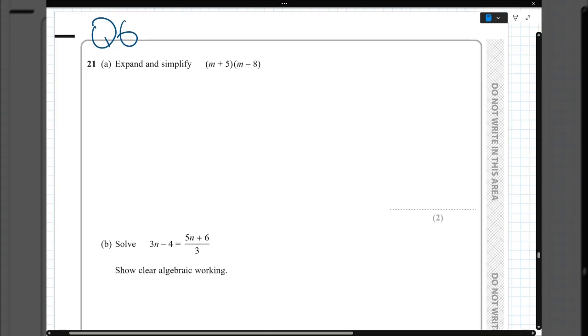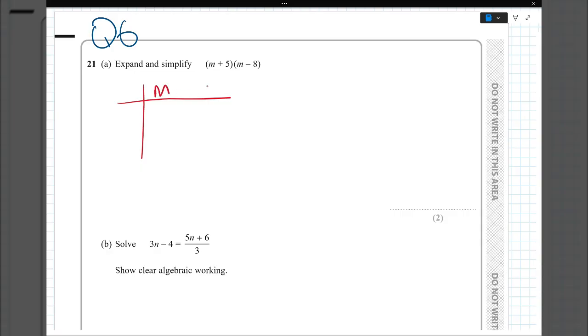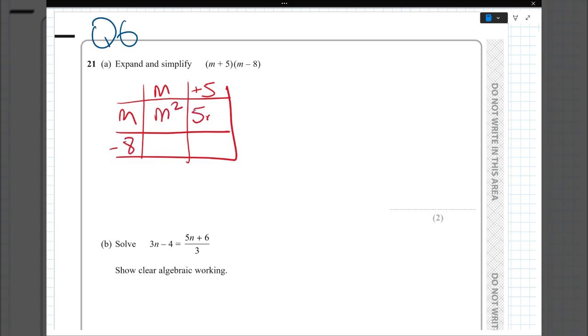Question 6 or question 21. Expand and simplify. I encourage people to use the grid method. So useful, stops errors. M times M, M squared. 5M, negative 8M, negative 40.